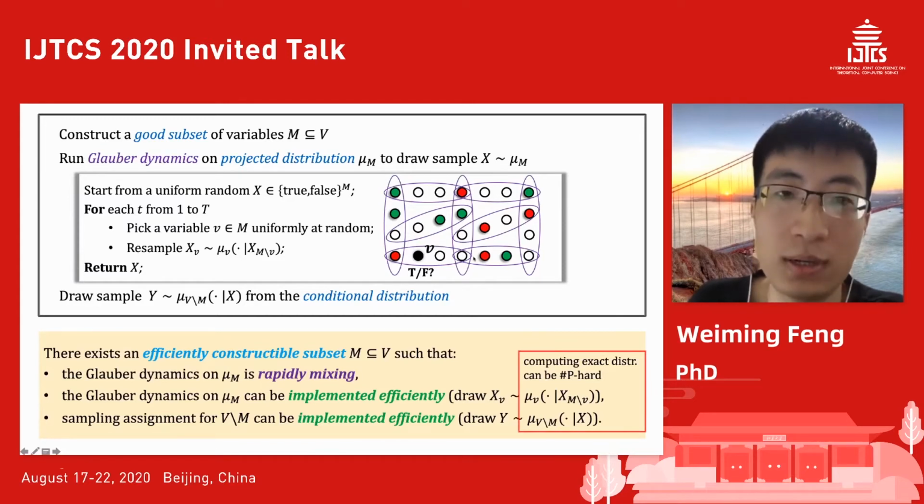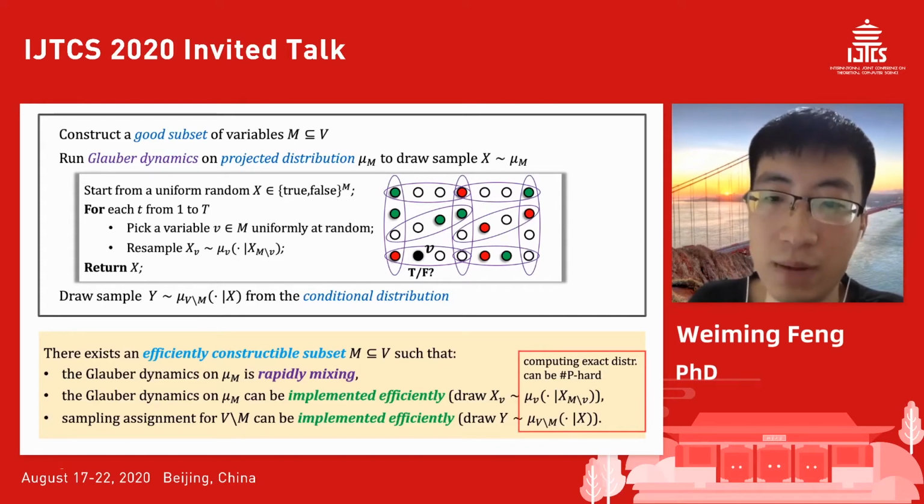Such a condition only fixes the value of variables in set M. So computing such a conditional distribution involves a non-trivial counting problem. In general, this problem can be #P-hard. And in the last step, given the partial assignment on M, we also need an efficient way to sample assignment of other variables.